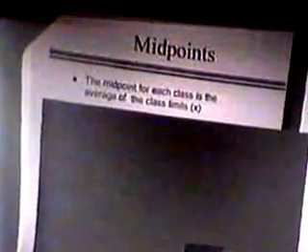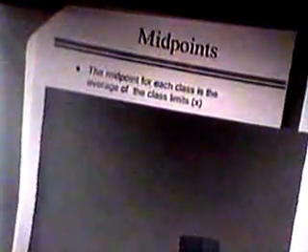The next part we need for a frequency distribution is the midpoint. The midpoint for each class is the average of the class limits. And we label midpoints with an X. We put X on top of the column, and we have the midpoints for each class.